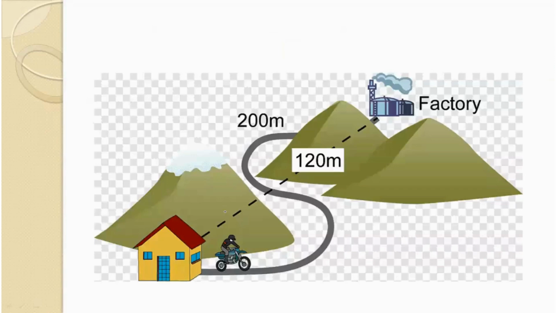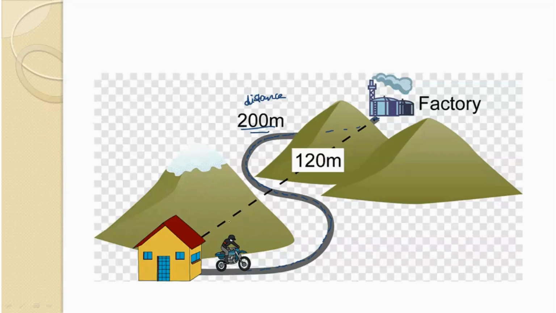Now let's see this picture. There is a rider who is going to the factory. He is taking this route of the road and reaching the factory. So the actual distance covered is your distance.